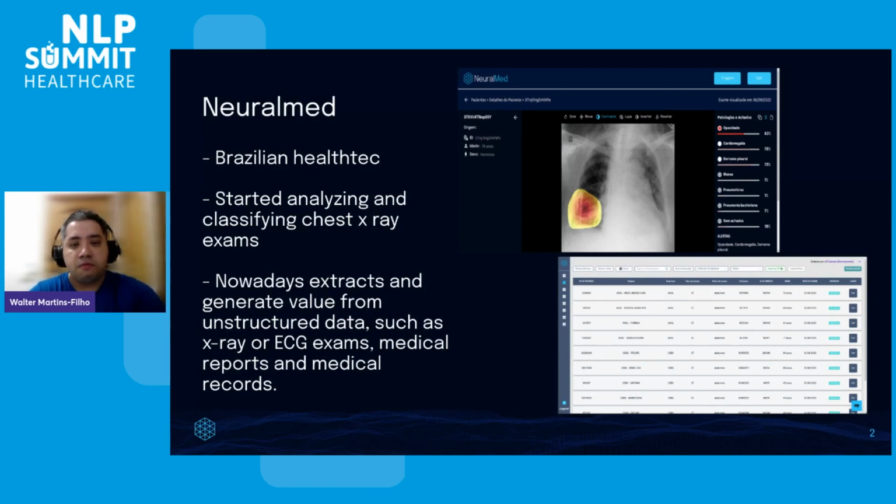On the other side of the company, we analyze not only X-ray, tomography and ultrasound exams, but also medical records, medical reports, and all unstructured data, which is mostly information about patients that go to hospitals, clinics, and insurance plans.